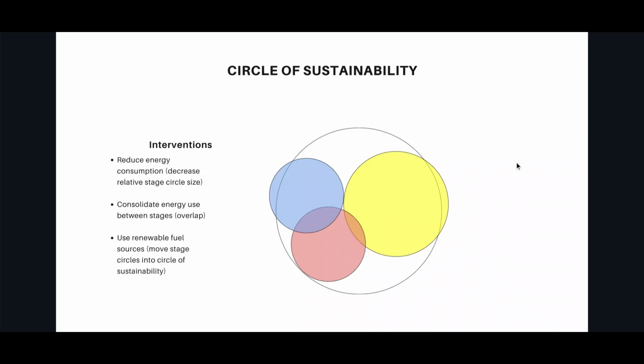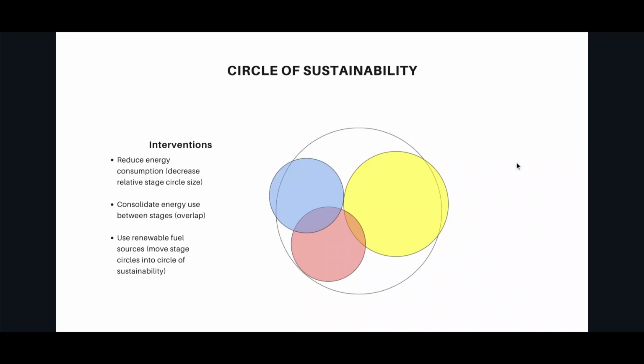Although this tool is not precise for making any kind of energy measurements, it gives a rough idea of how the different stages interrelate, and although they are each independent stages, they are part of the larger life cycle, and so they each contribute to that.